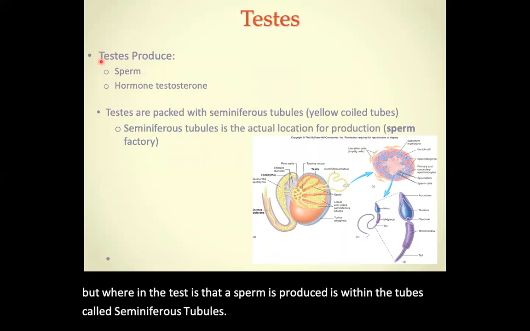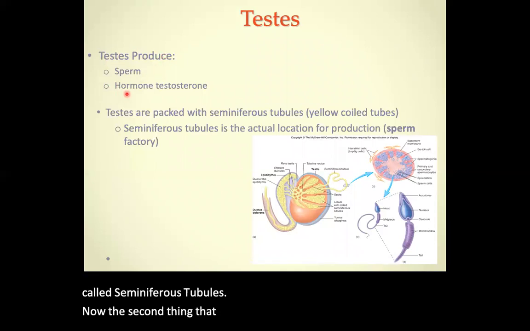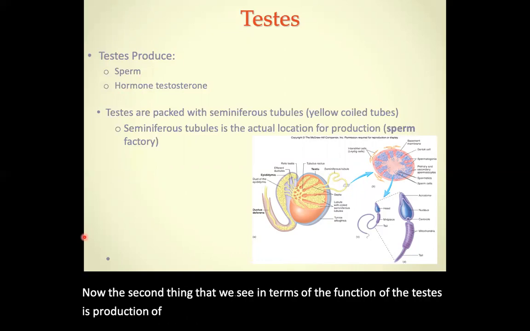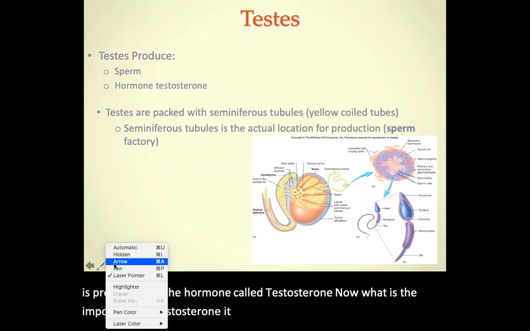Now, the second thing that we see in terms of the function of the testes is production of the hormone called testosterone. Now, what is the importance of testosterone? It has some functions.